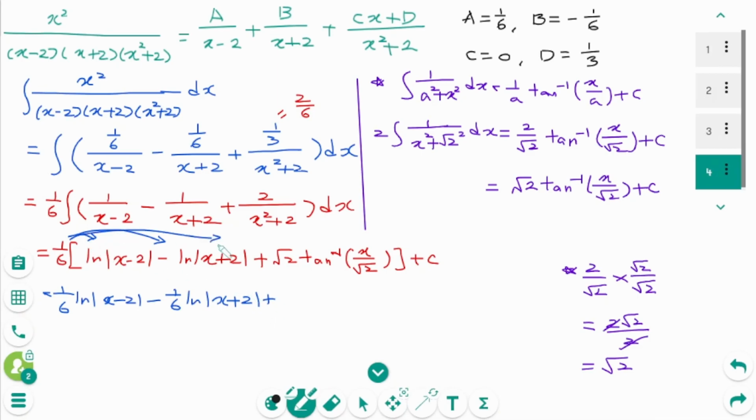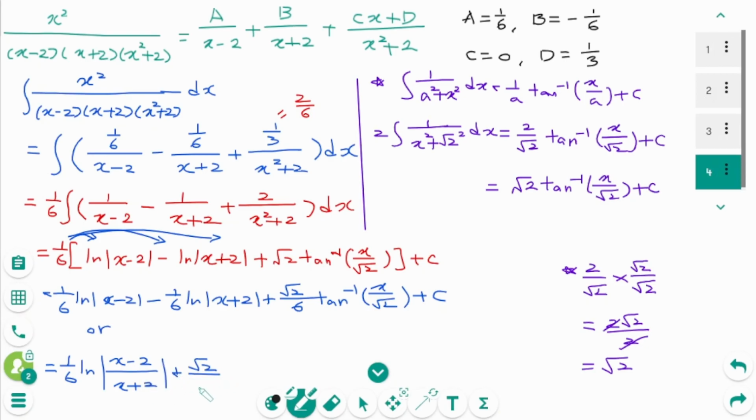The last one is square root of 2 over 6 arctangent of x over square root of 2 plus c. Or using the logarithmic property, 1 over 6 ln of the absolute value of x minus 2 over x plus 2 plus square root of 2 over 6 arctangent of x over square root of 2 plus c.